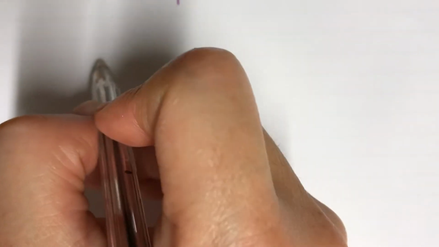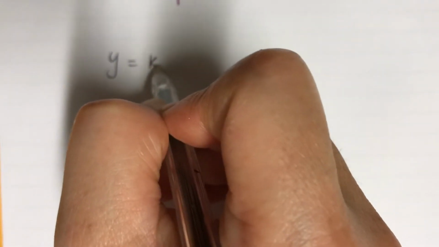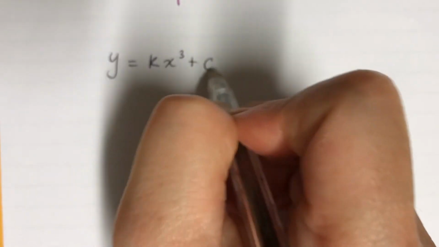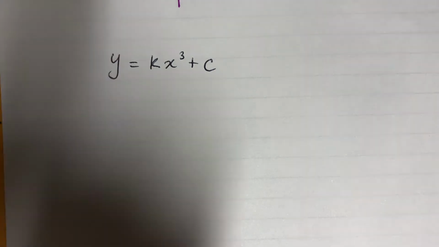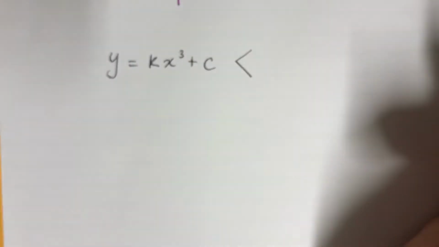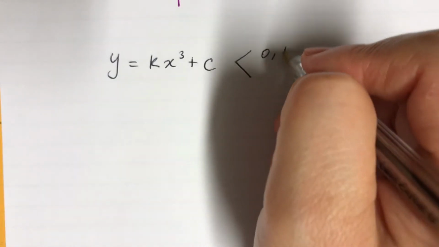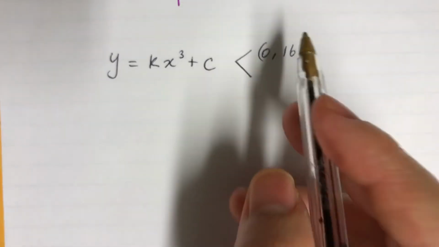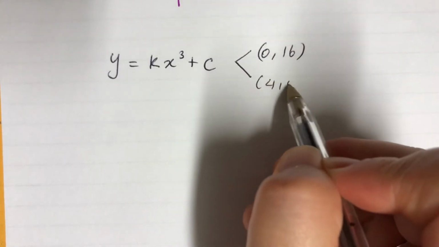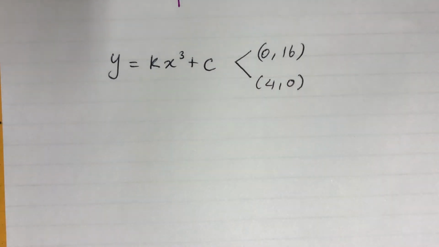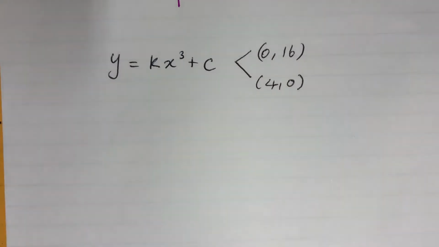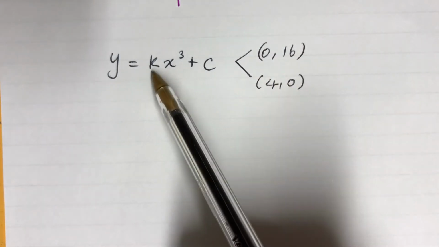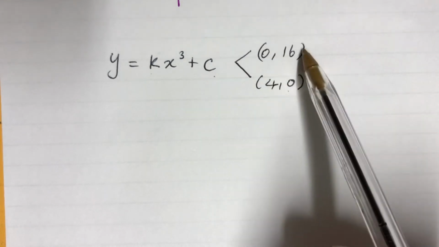If it passes through 0 and 16, and 4 and 0, basically it's saying find k and c. It's easy because you've got 2 unknowns and 2 points.